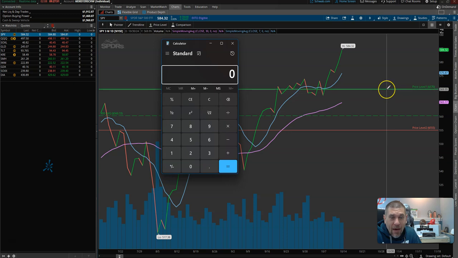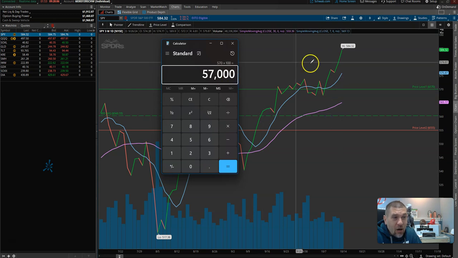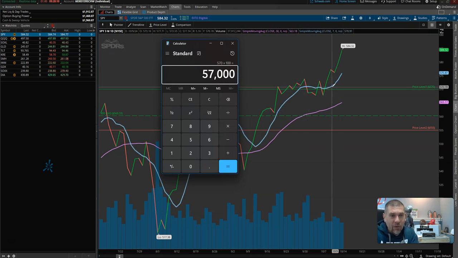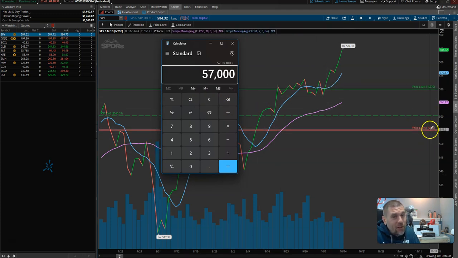If this is all that we have and we don't have any insurance, it's just a naked put, we have to buy 100 shares at $570. So you take 570 times 100, so it's $57,000 that you have to have in your account, because now you own 100 shares of SPY, or whatever stock you're doing, because they were put into your account. So even though the stock's only worth $555, you had to buy it at $570.